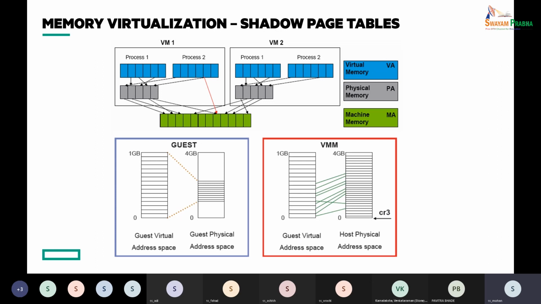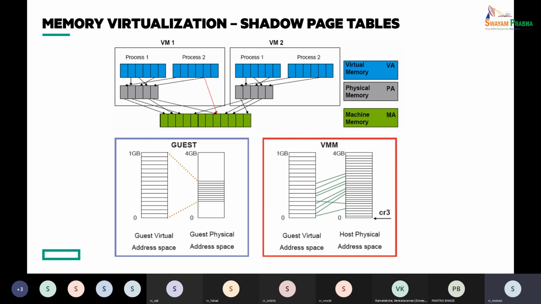So in this slide, you see this green part, which is the machine memory, which is getting translated into physical addresses on the VM side, which are called the guest PAs. And then the processes are using guest VA to access guest PA. Now, the challenge is that as far as the OS is concerned, it will try and write to the CR3 register and say that these are my page tables, and this is how you do the translation.